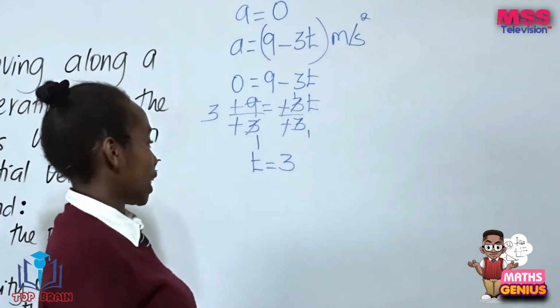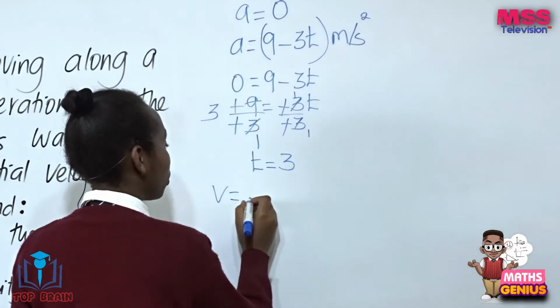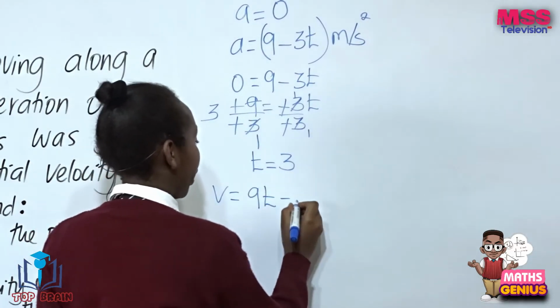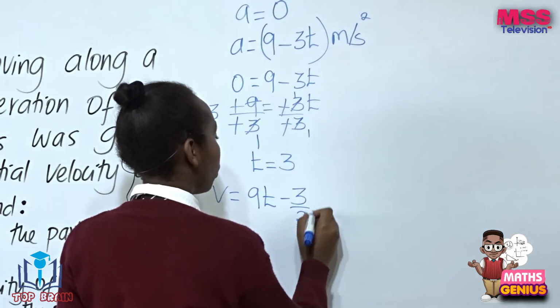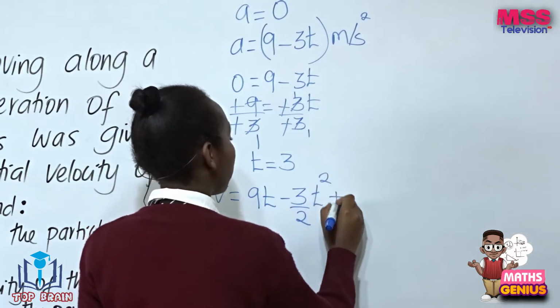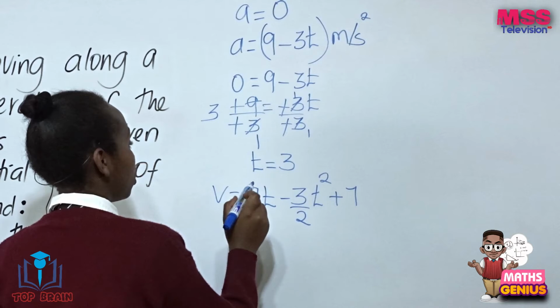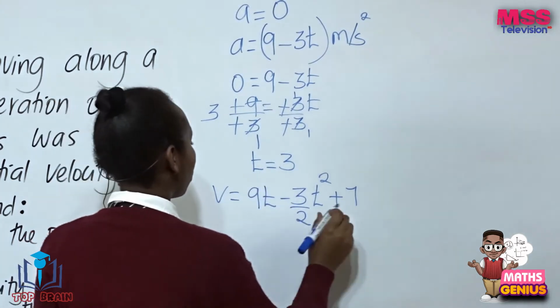And we know that the velocity is equal to 9t minus 3 over 2 t squared plus 7. We substitute this 3 into the equation.